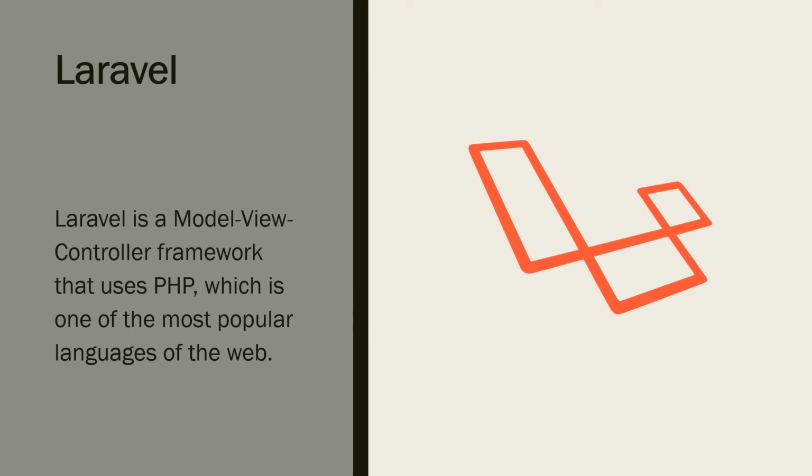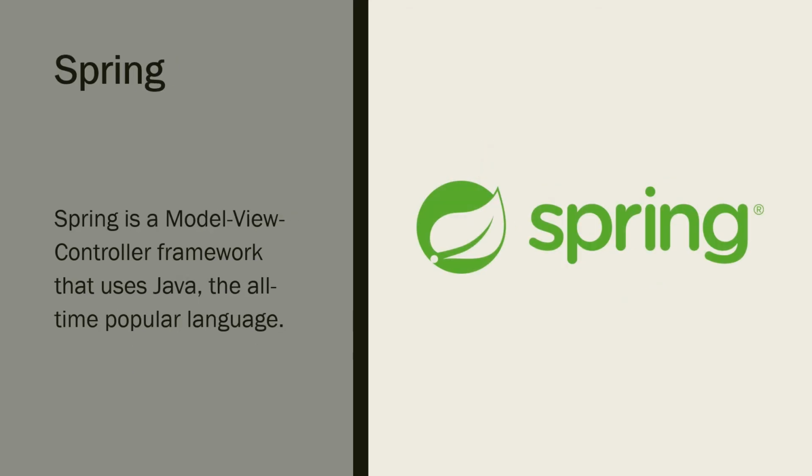And of course, we have a Java framework, in this case Spring. Spring is a model view controller framework that uses Java, the all-time popular language, of course, like C# or PHP.